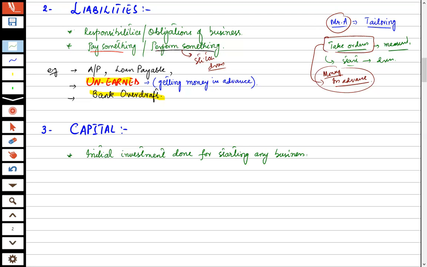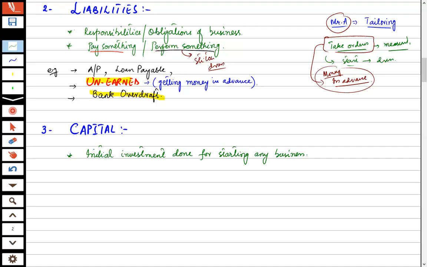The first thing we realize is that he will require some cash to start the business. So that cash through which he starts the business will become what? The capital of the business. Getting this point? So the first investment done for starting any business will be known as the capital of that business.